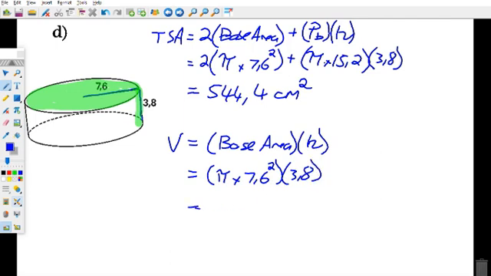So we plug that in together, we get pi times 7.6 squared, multiplied by 3.8, and you're going to get 689.5418. We want 1 decimal place, so it's 689.5 centimeters cubed. If you don't put your unit, it's wrong. You're going to lose points.